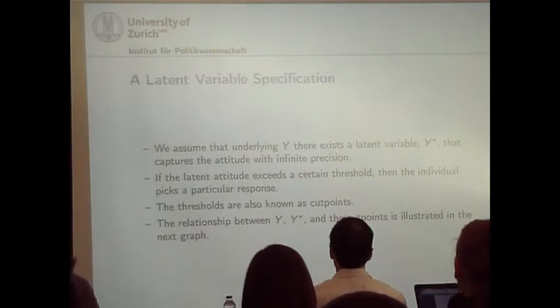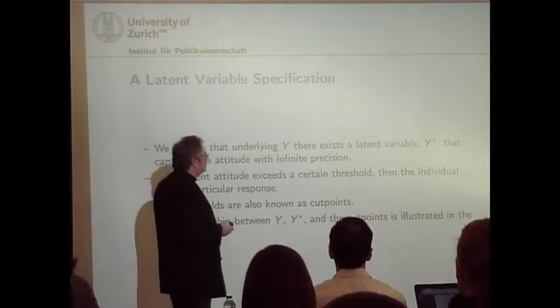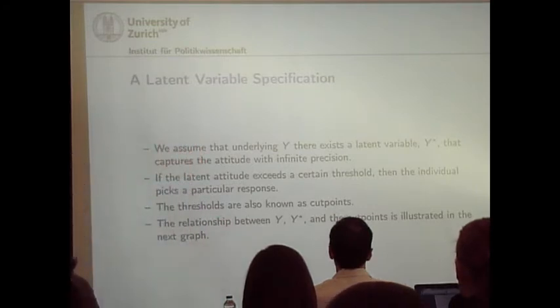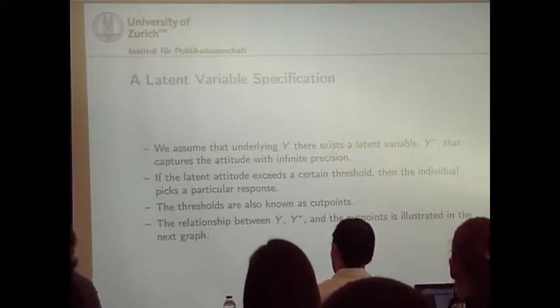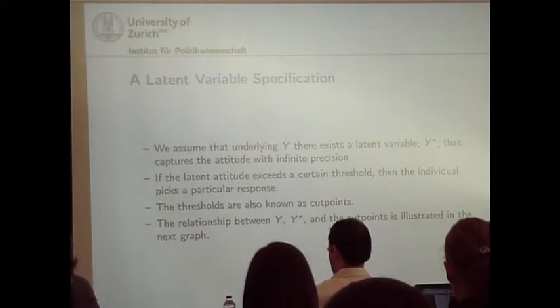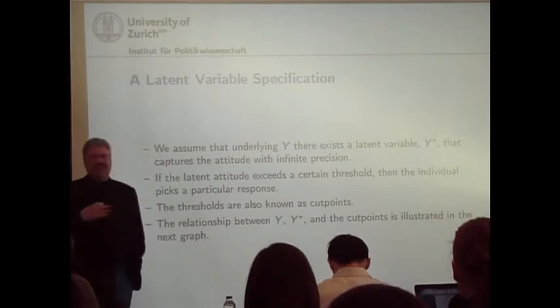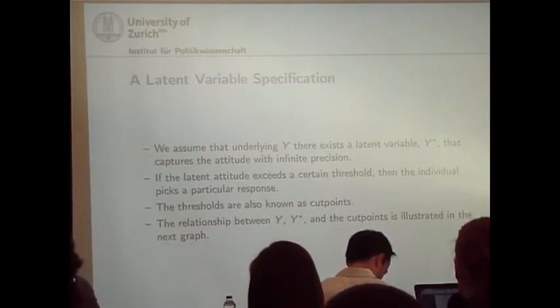So here is something that we did before with logit. We say underlying this y, there exists a latent variable, y star, that captures the attitude with infinite precision. We just don't measure that. We actually just think of that as some latent continuous variable.